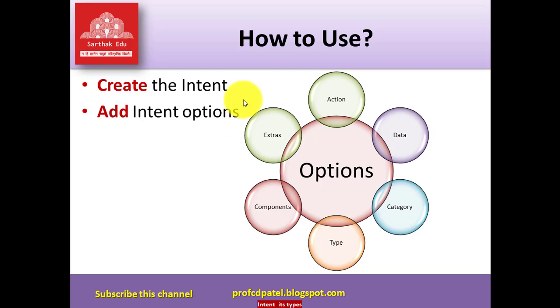Extras is used for key-value pairs of additional information, and this is the bundle of additional information. So in intent options we can use action, data, category, type, component and extras.